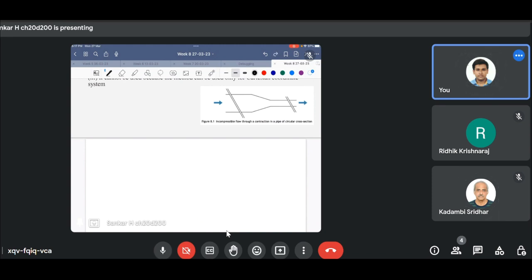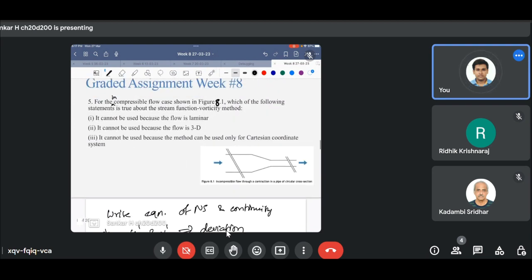If we write the Navier-Stokes and continuity equations in u dash and v dash, which are basically the deviation velocities, we can actually use them.